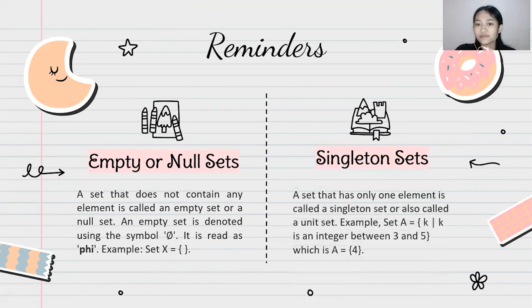Singleton set. A set that has only one element is called a singleton set, or also a unit set. For example, set A is {k : k is an integer between 3 and 5}, which is A is the set {4} like this.